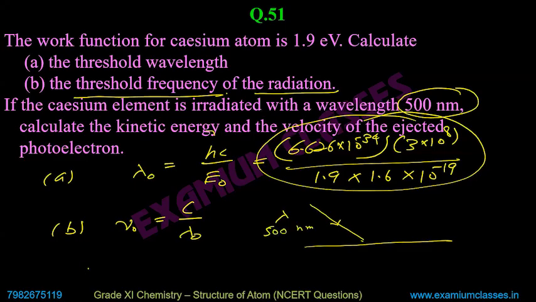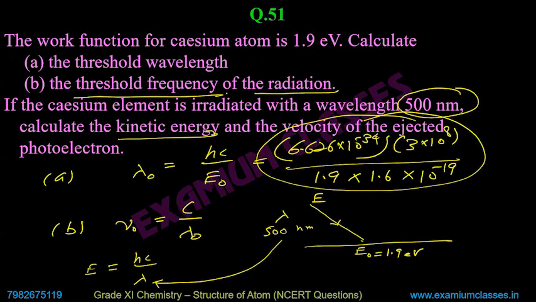E will be hc by lambda. h is 6.626, c is 3 into 10 to the power 8, lambda is given as 500 into 10 to the power minus 9. Substitute these values and you get the value of E. E naught is anyway given as 1.9 electron volts.